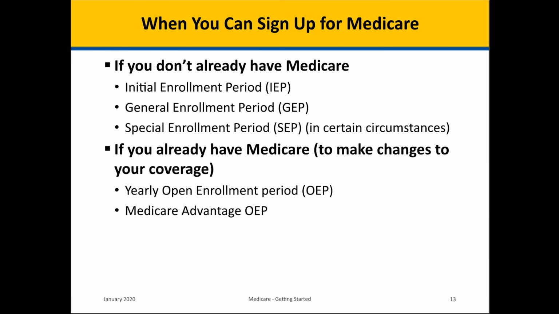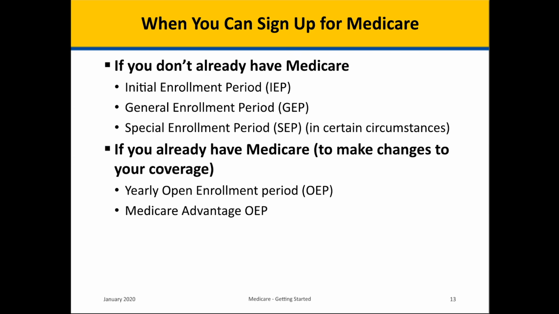If you enroll, however, you can enroll in Part B only during specific enrollment periods. Your first opportunity to enroll is during your initial enrollment period or IEP. If you don't enroll in Part B during the IEP, which we'll talk about in the next slide, you'll have to wait until the next general enrollment period or GEP.